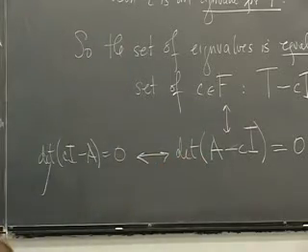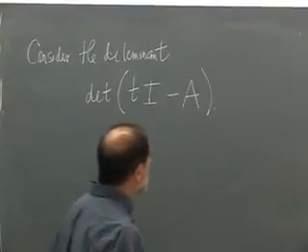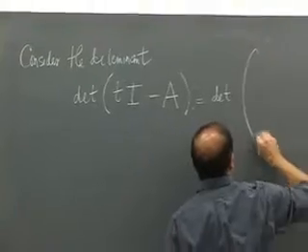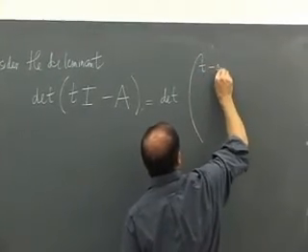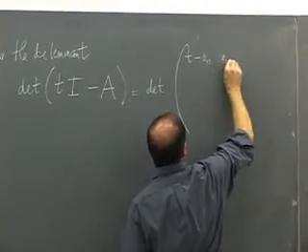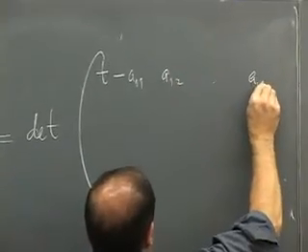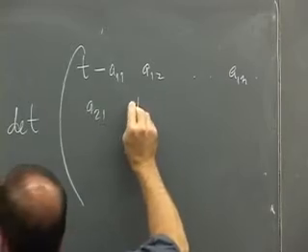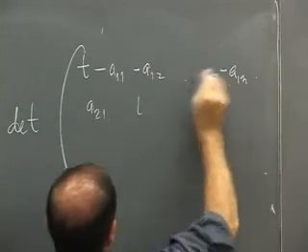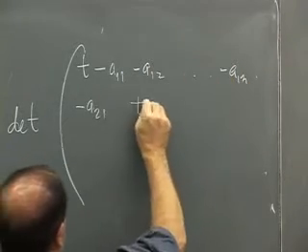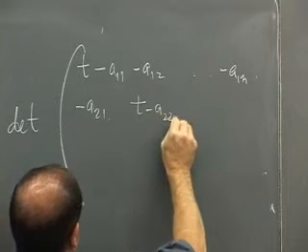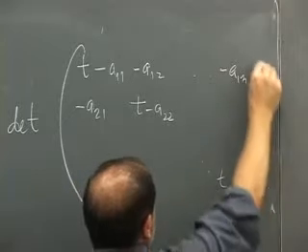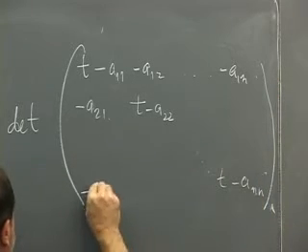So consider this determinant. Now, what does that mean? That means this would be the determinant of the matrix that looked like this. t minus A11, minus A12, minus A1n, minus A21, sorry, with minus signs, thank you, t minus A22, minus A2n, and this would be minus An1.